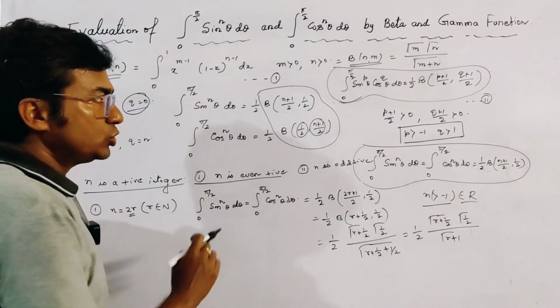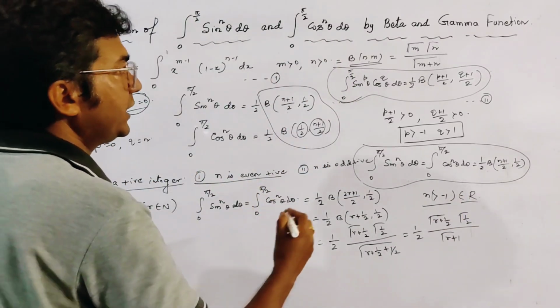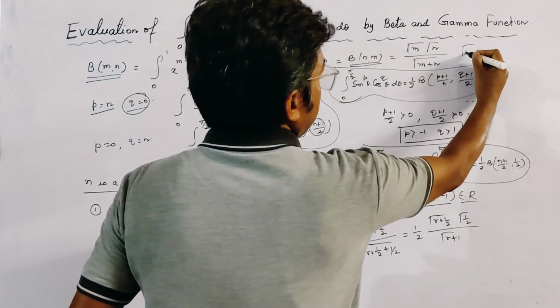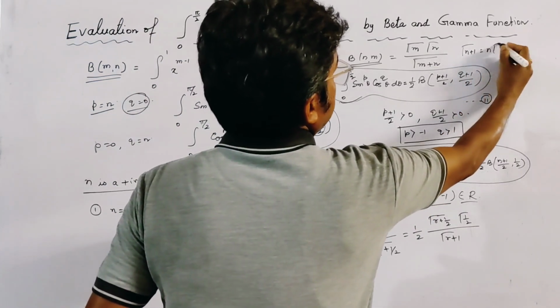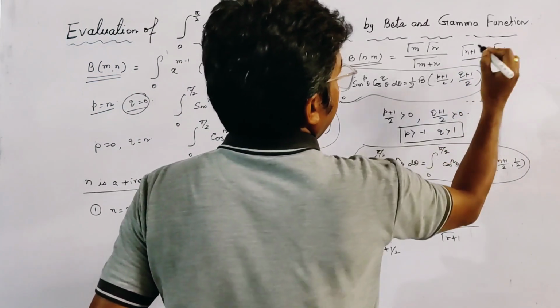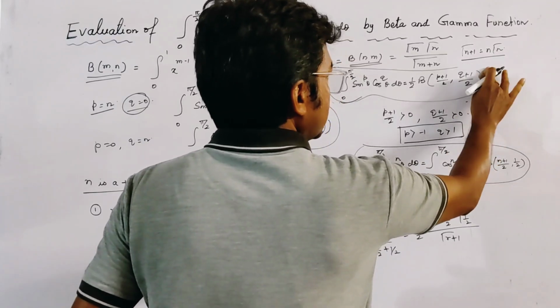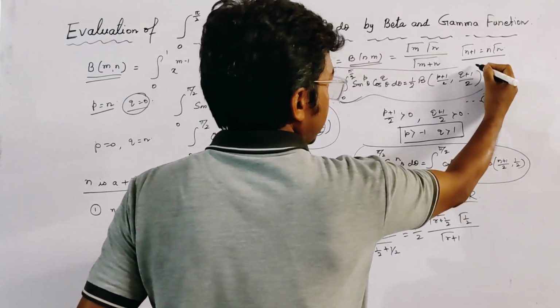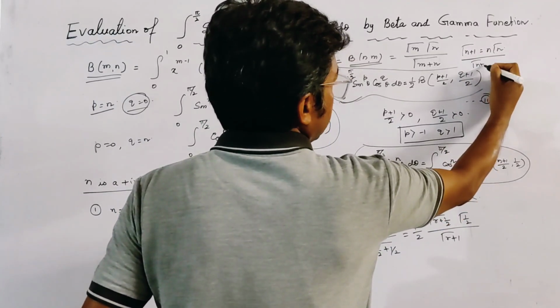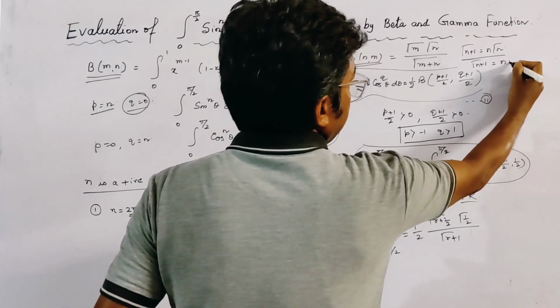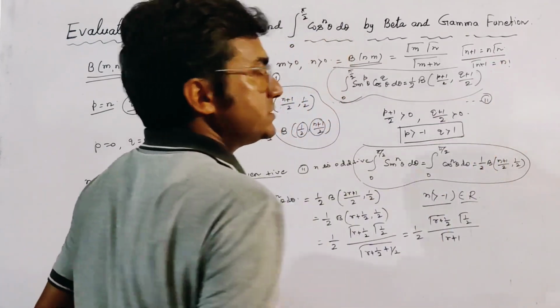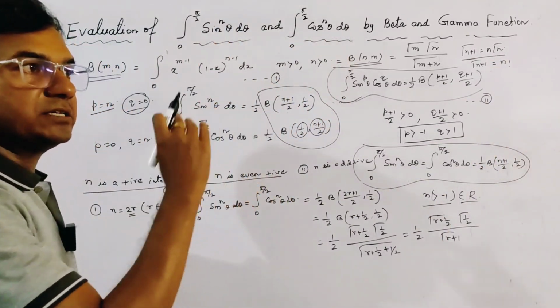Here we use two properties. The first property is gamma(n plus 1) equals n gamma(n), and the second property is gamma(n plus 1) equals n factorial if n plus 1 is a positive integer.